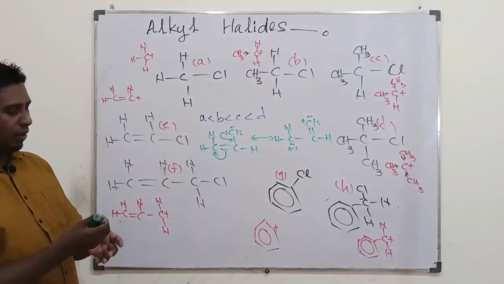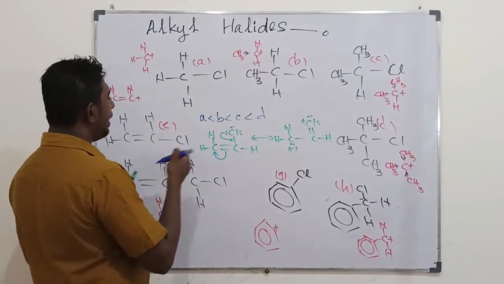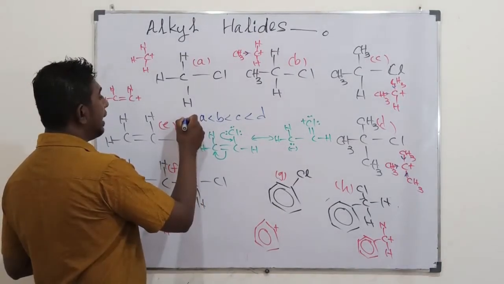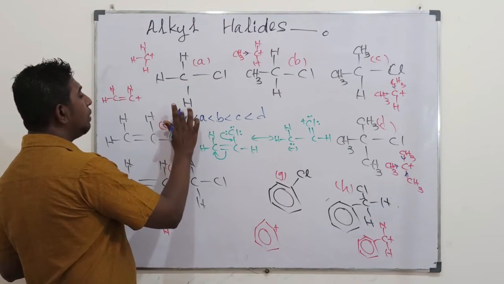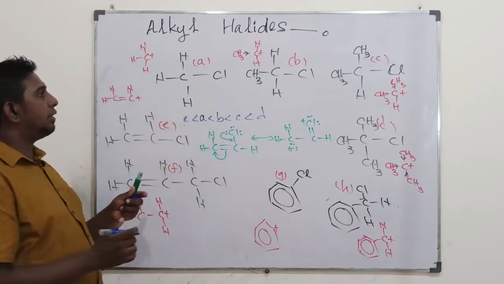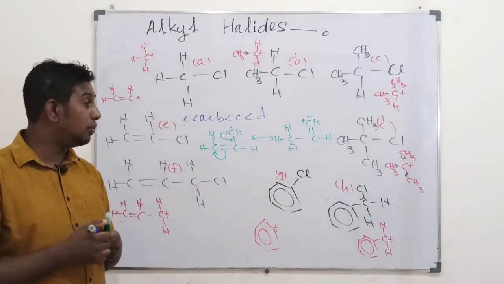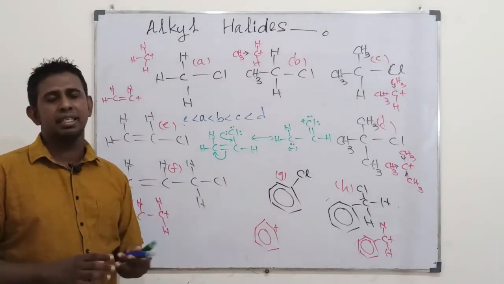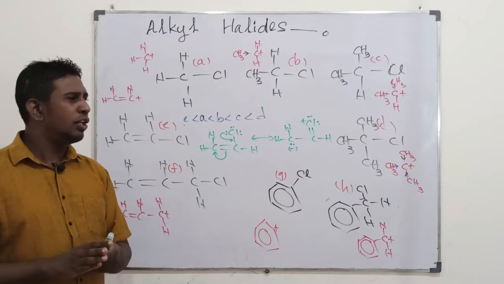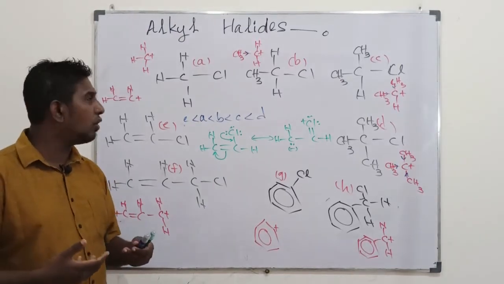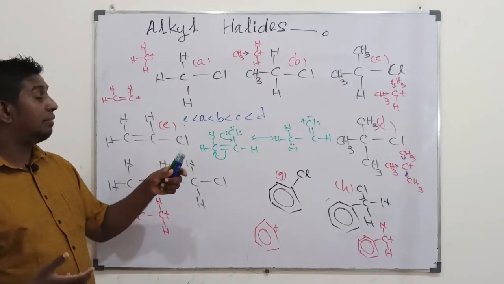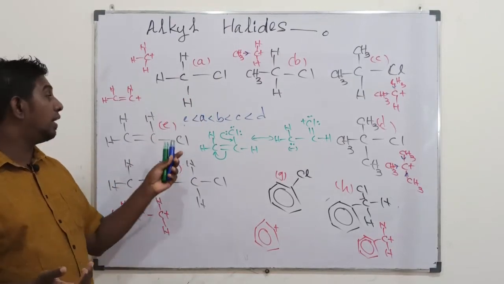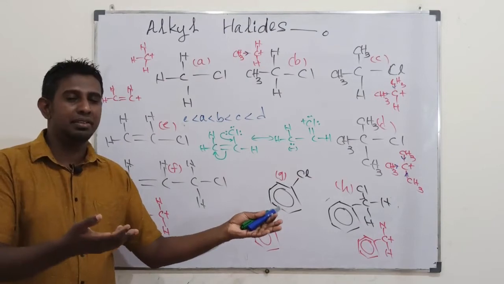So it's very, very discouraged. It's very difficult for you to break that bond because of the double bond character itself. Hope you could understand. So its leaving is not easy, at least when you compare it with methyl chloride. It's very difficult for that chlorine to leave as Cl minus.